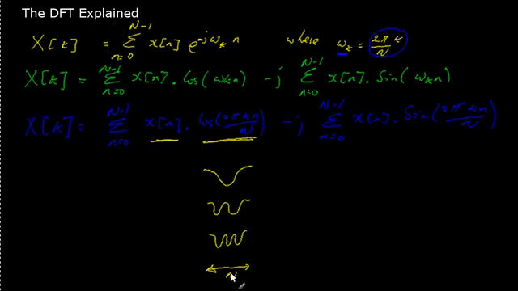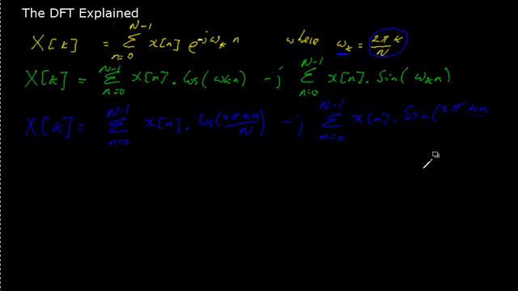For the sine wave case, it's very similar. It's just a set of sine waves. Sine waves start at 0, so we'll have a sine wave with 1 cycle over N samples, a sine wave with 2 cycles over N samples, a sine wave with 3 cycles over N samples. So it's the same situation, only we're dealing with sine waves rather than cosine waves.